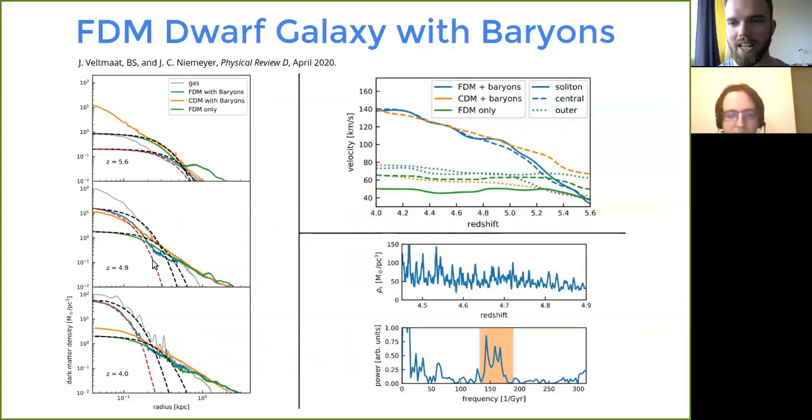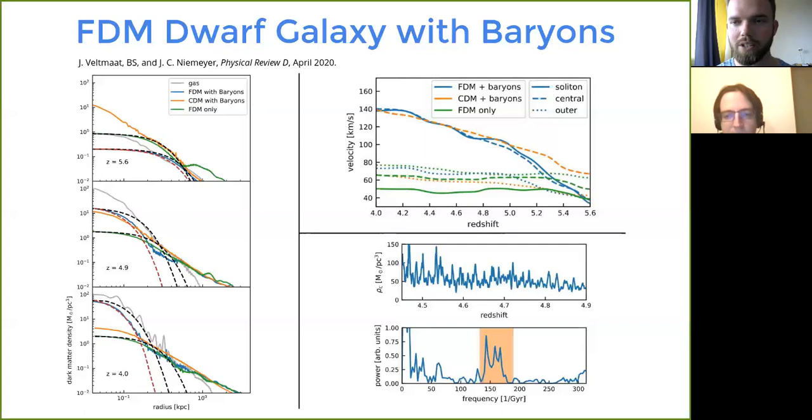And that we obtained by finding the ground state solution of the Schrödinger-Poisson system, but now under the influence of the gravitational potential sourced by the additional component of the baryon contribution.